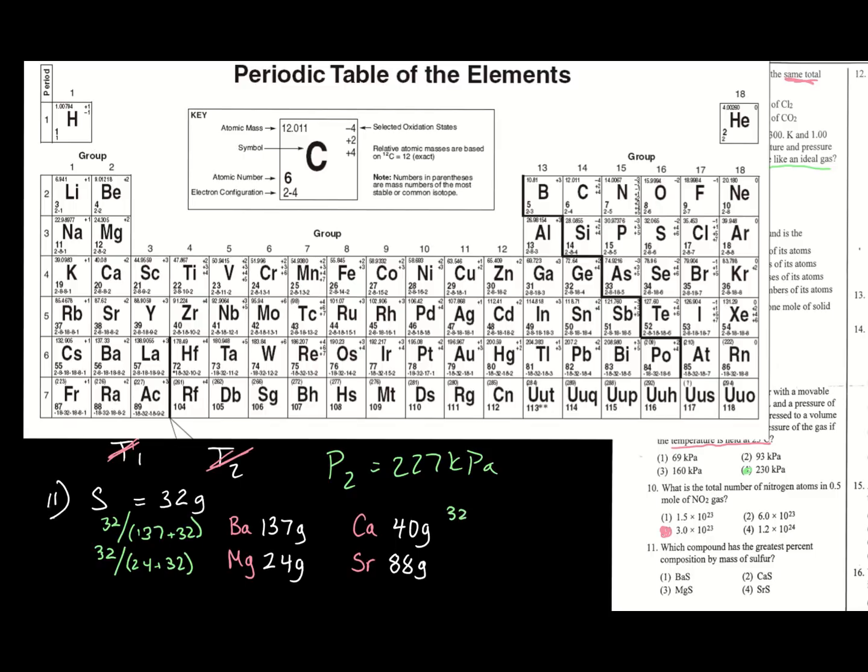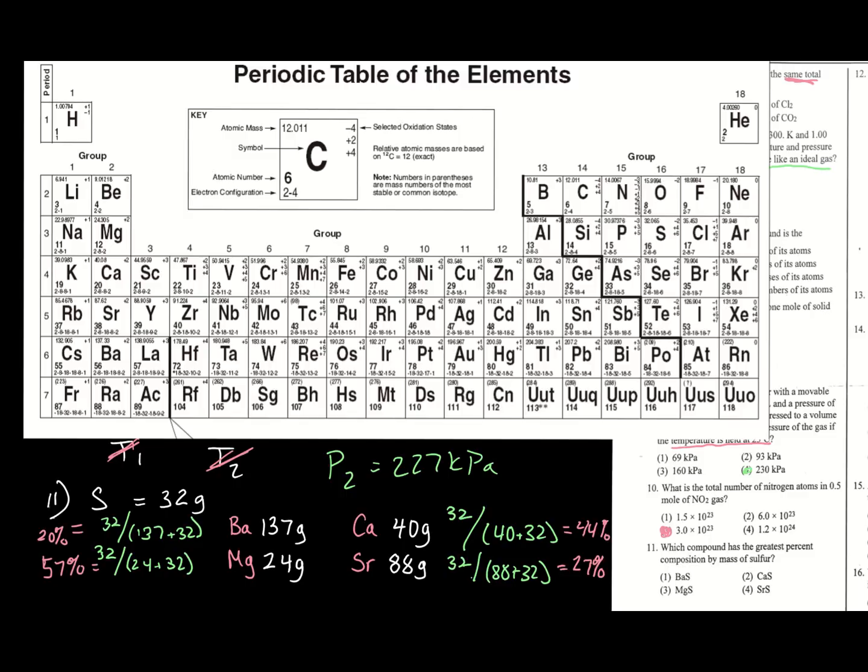Calcium will be 32, because we're talking about sulfur, and see how it compares to the others, over 40 plus 32, and then strontium is 32 divided by 88 plus 32. Okay, so part over the total. So the total here combines both sulfur and the respective elements here, and so you should get these approximate percentages, and this is the proper way of doing it.